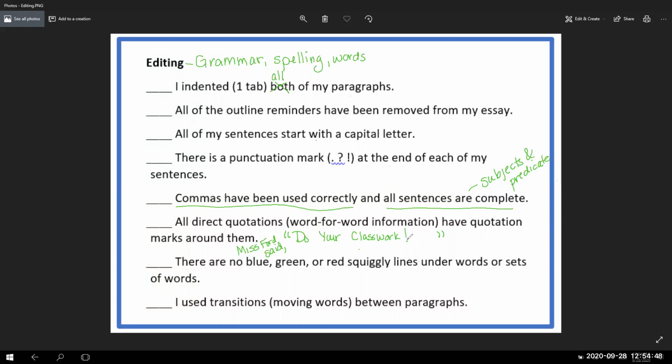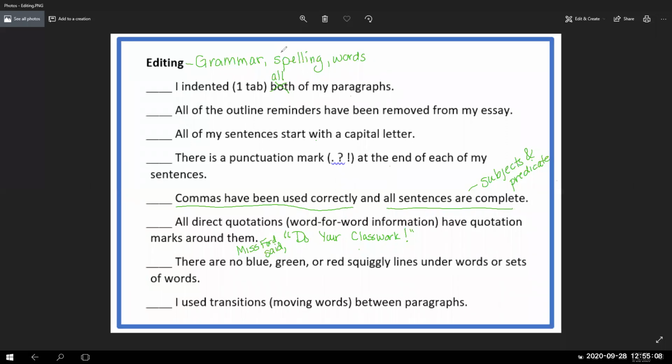That'd be more like an exclamation, do your classwork, for the command. And then I'd make sure that I have my punctuation inside here. If I was ending this with a period, I'd have that period there as well.